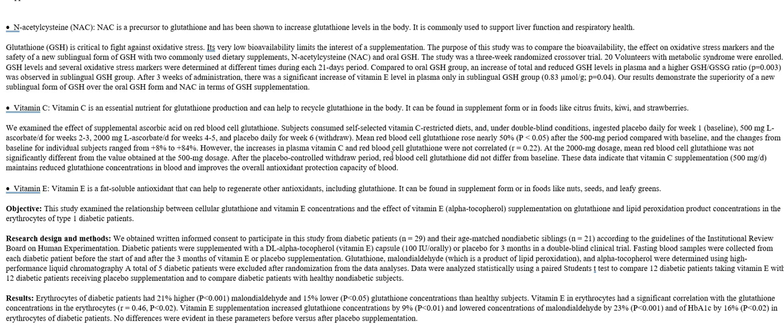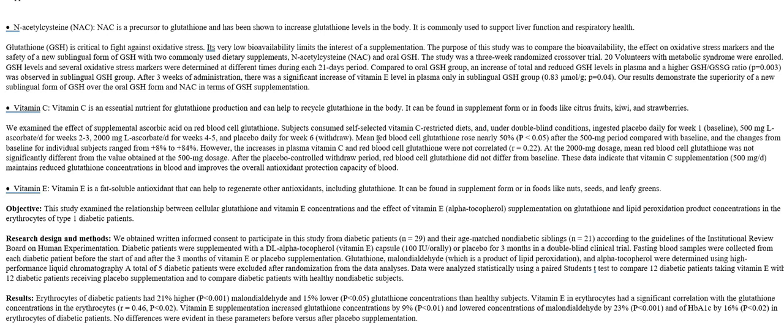Subjects consume self-selected vitamin C restricted diets and under double-blind conditions ingested placebo daily for 1 week as a baseline, then 500 milligrams of ascorbate for 2 to 3 weeks, and 2,000 milligrams of L-ascorbate for 4 to 5 weeks, and placebo daily for 6 weeks.